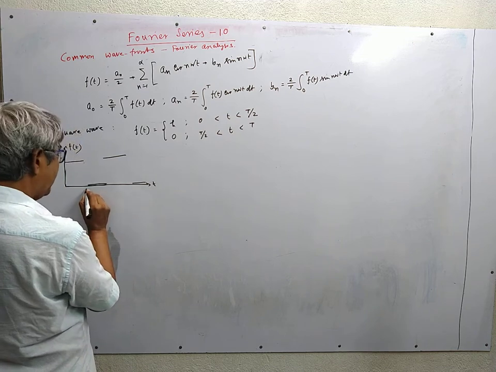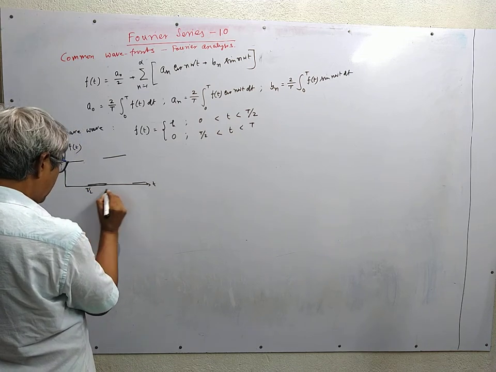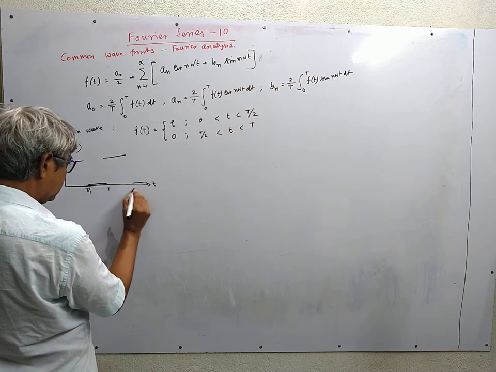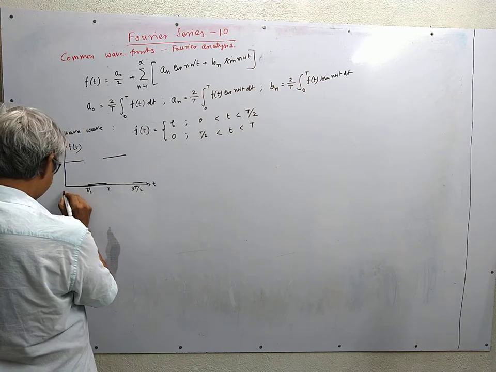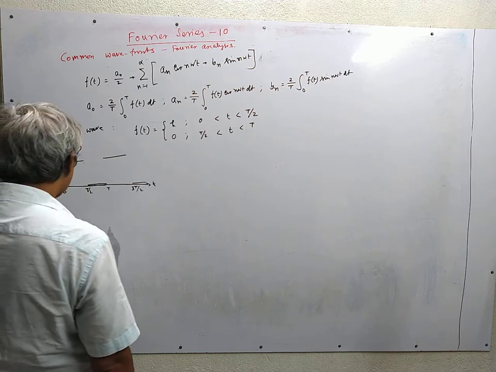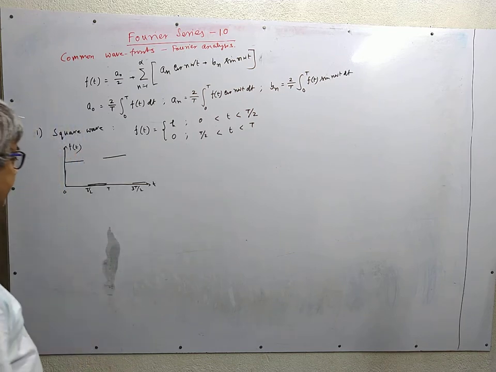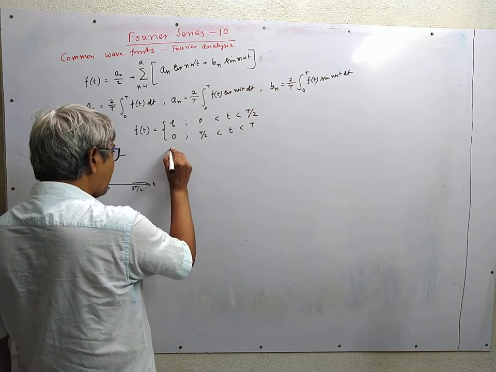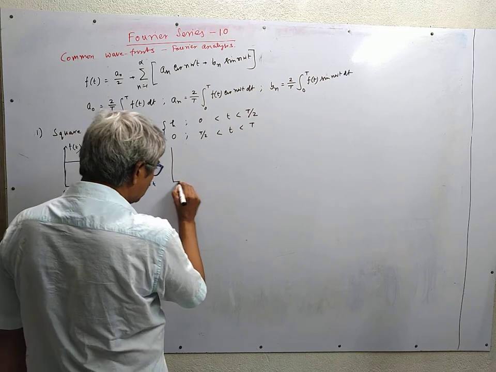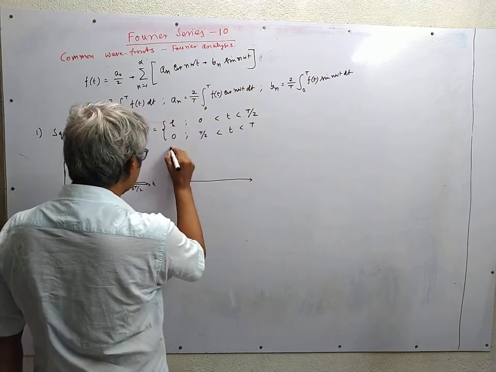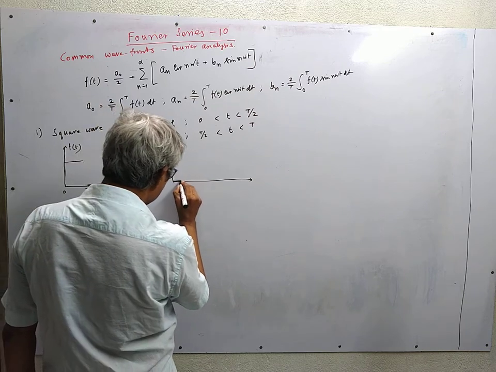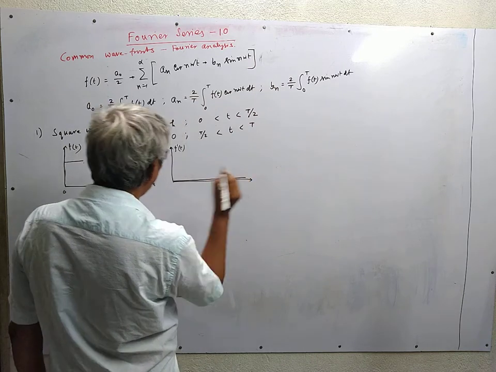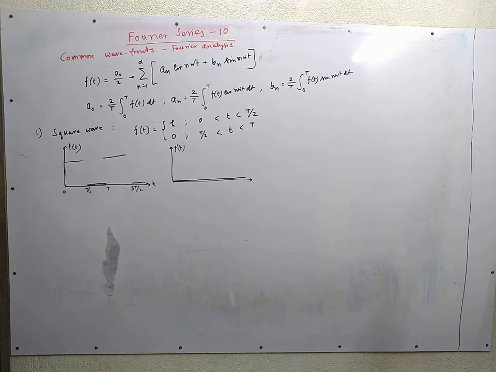These are the points T by 2, T, 3T by 2. If we draw the derivative of it, the derivative of the function is 0 all along. So what do we expect?